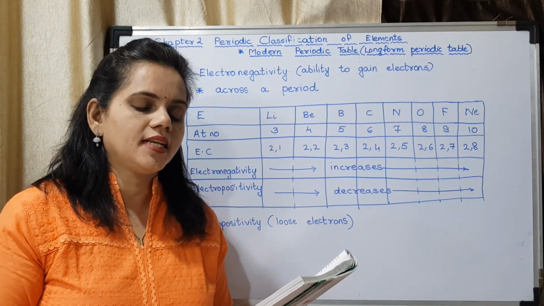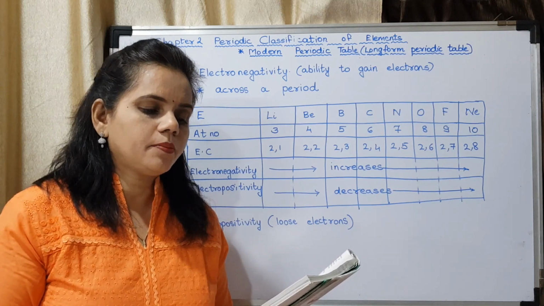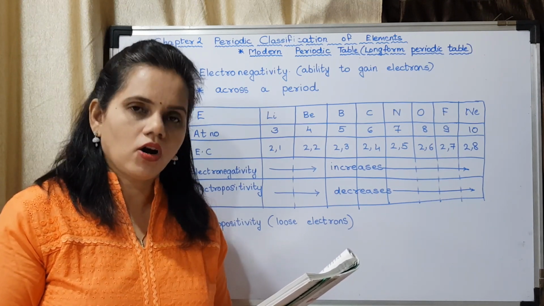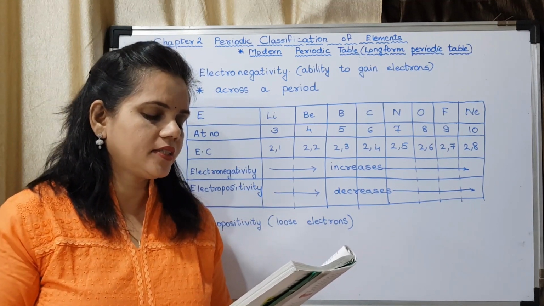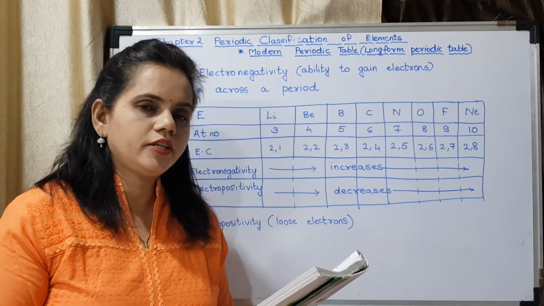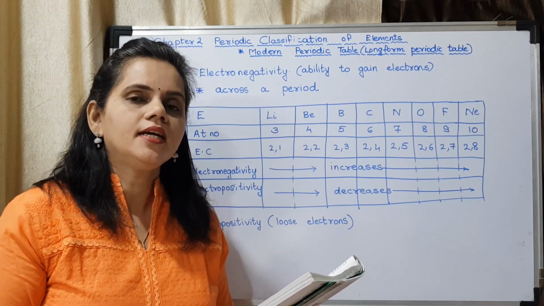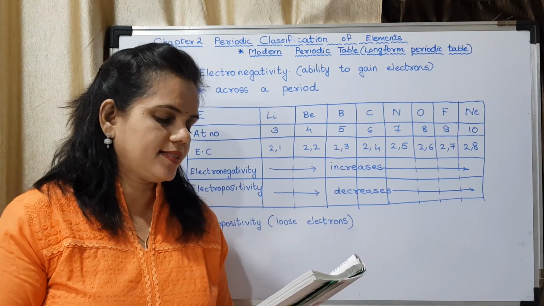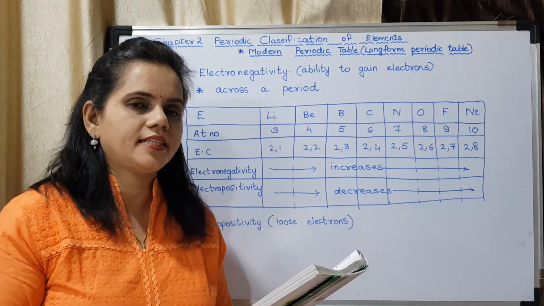The first one is lithium, then beryllium, then boron, carbon, nitrogen, oxygen. Does this arrangement match with the pattern of the second period of the modern periodic table? Yes. You may check this in the periodic table. It is in that sequence. Which of the above elements have the biggest and smallest atom?